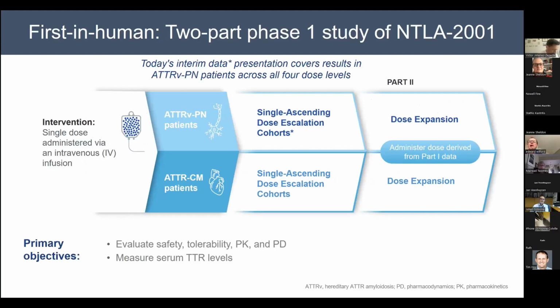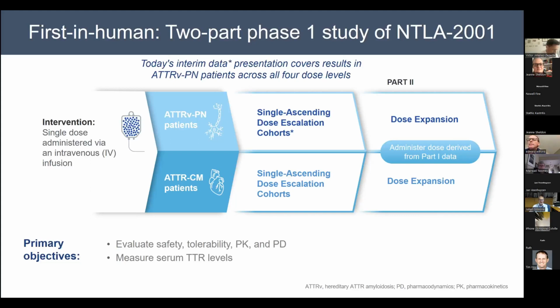So the first in-human study with NTLA-2001 is a 2-part open-label, multi-center study initially designed to treat patients with hereditary ATTR amyloidosis and polyneuropathy. The study design was later amended to include patients with predominant ATTR amyloid cardiomyopathy, including patients with wild-type ATTR amyloidosis.